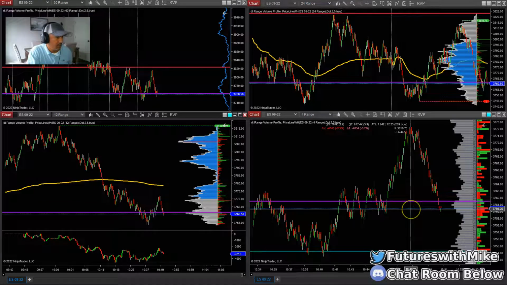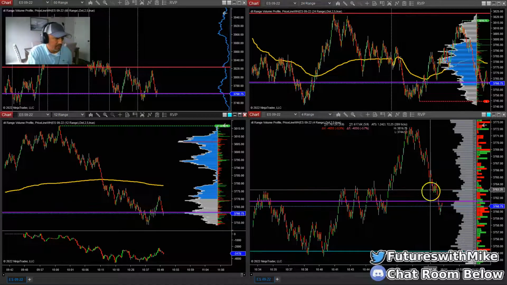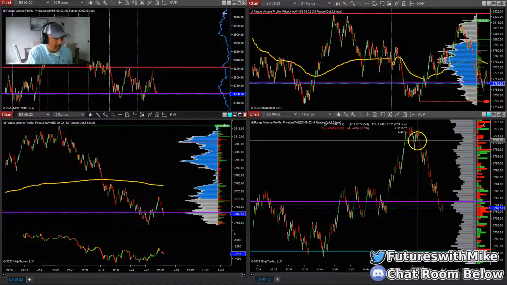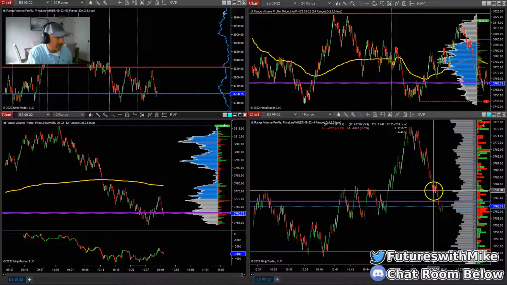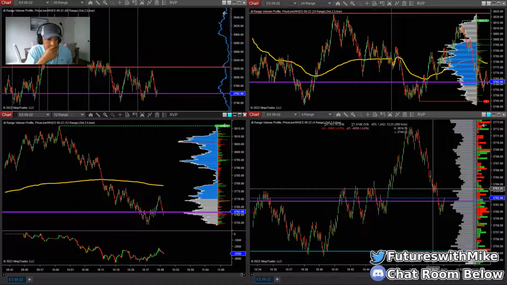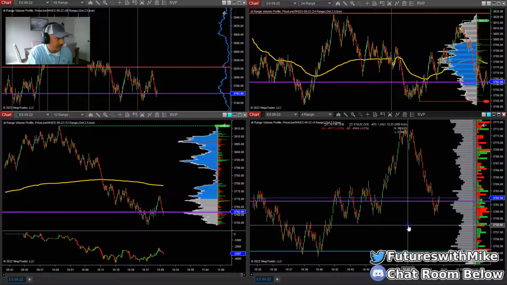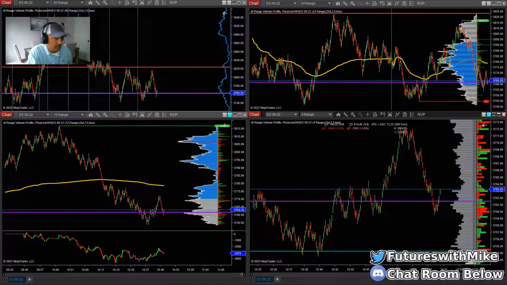I don't want to really look to go long, even though you could go long, but you've got to be careful because you have these little micro swings right here coming up, mini swings to the downside where price could halt. So yeah, we'll see. It all depends on what the market does here.